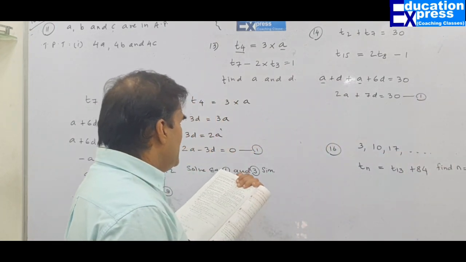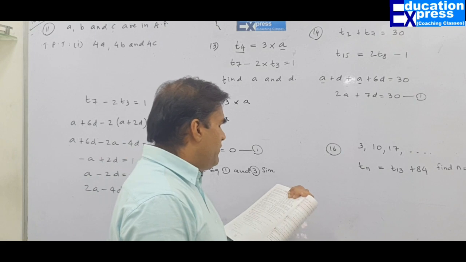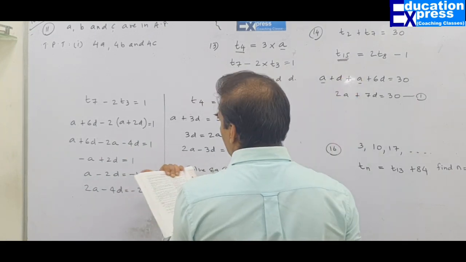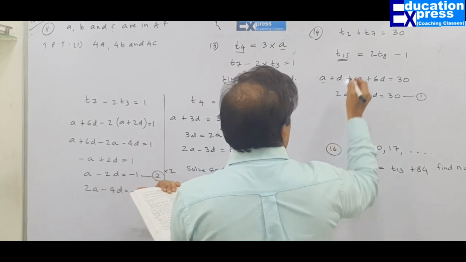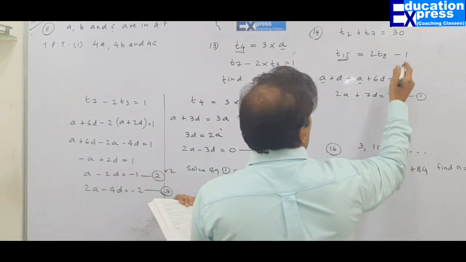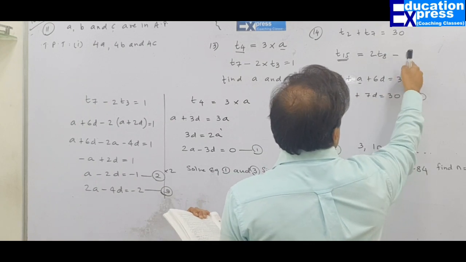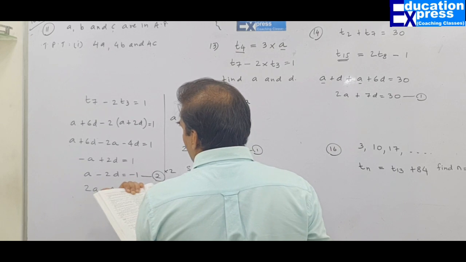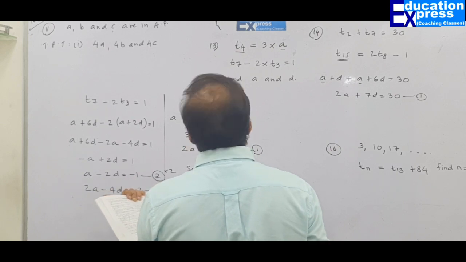Look at the further reading of the question. They say its 15th term is 1 less than twice its 8th term.